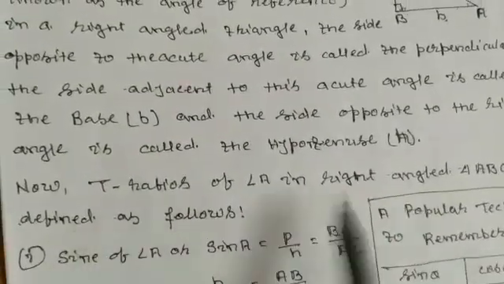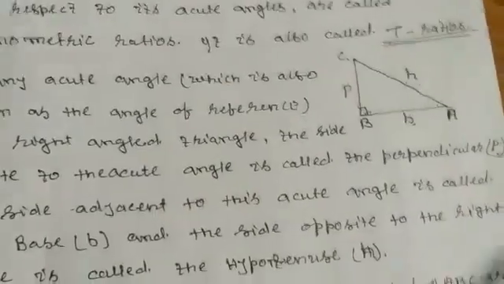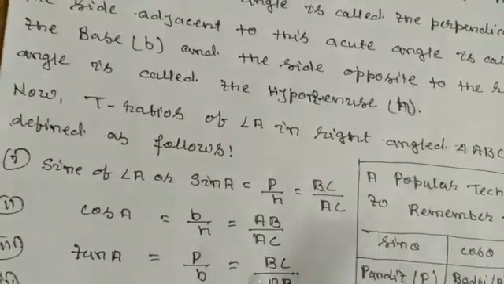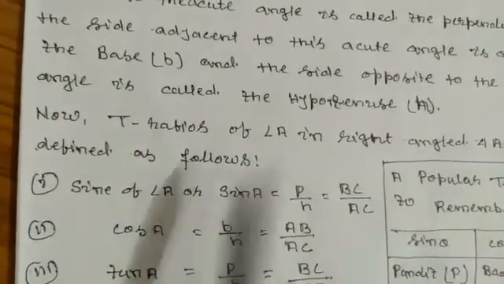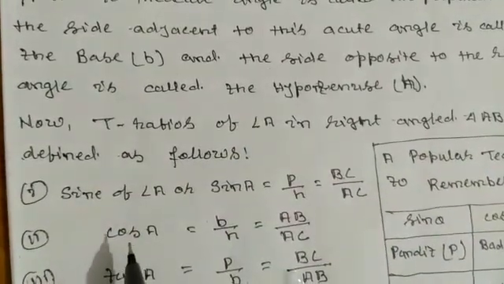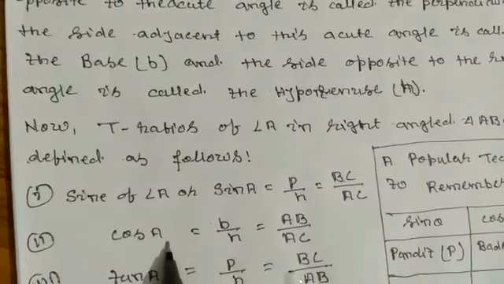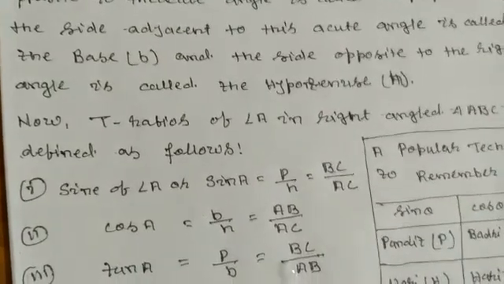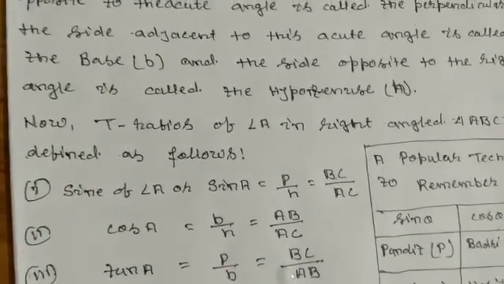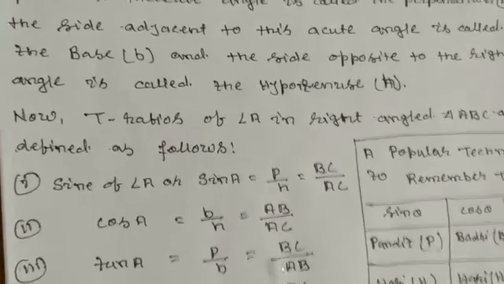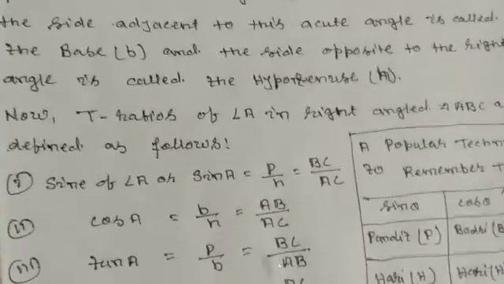Sine A equals P by H, that is BC by AC. Now similarly, the second ratio is cos A, which is equal to B by H, which is equal to AB by AC.